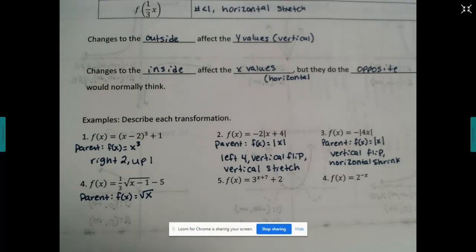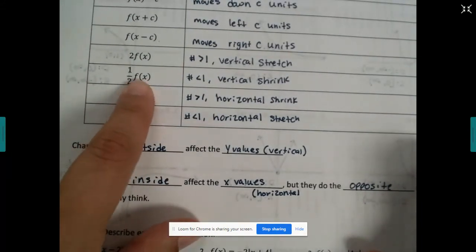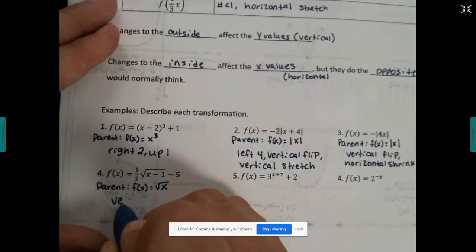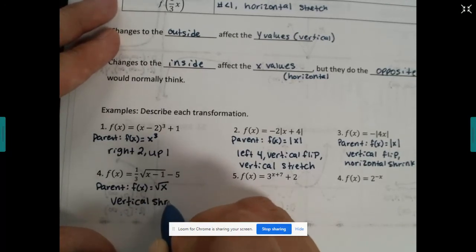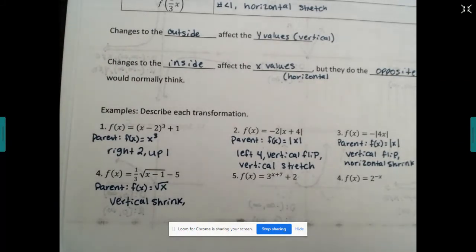And then again, we got 3 things going on. We have the 1/3. It's on the outside. It's smaller than 1. So I look up here. Outside, smaller than 1, is a vertical shrink. How about if I have subtracting on the inside?